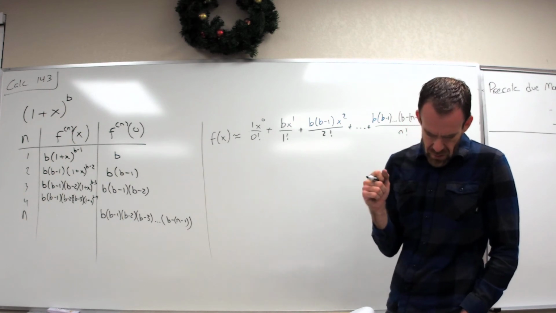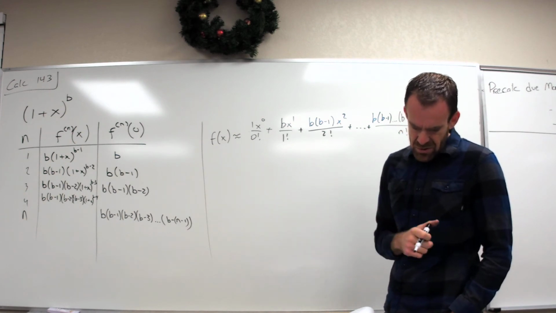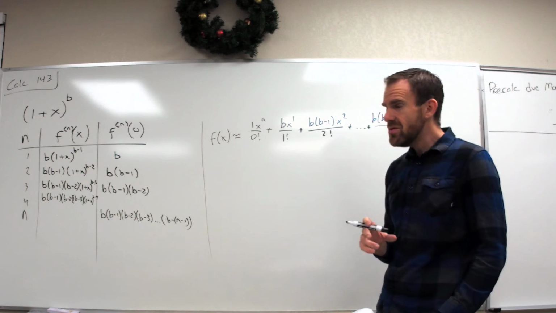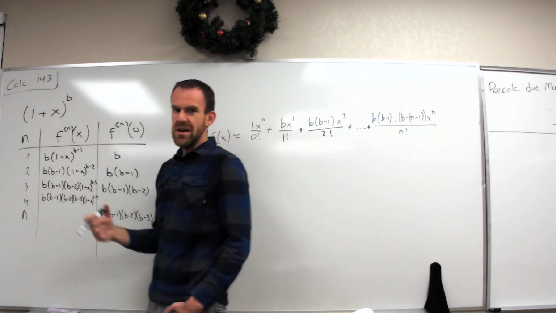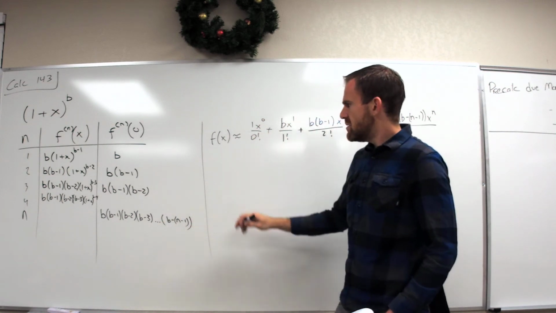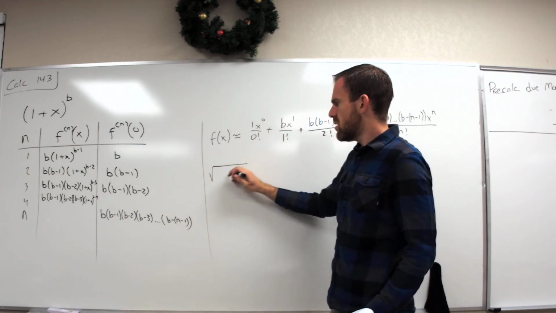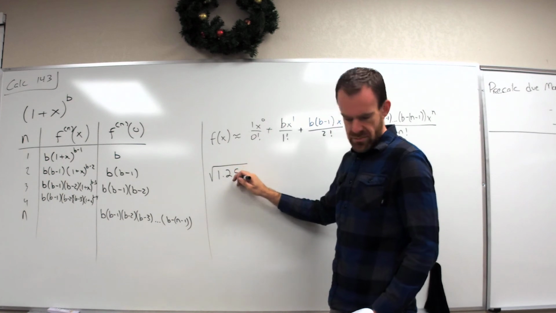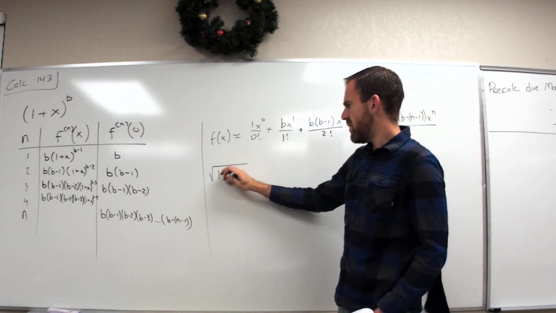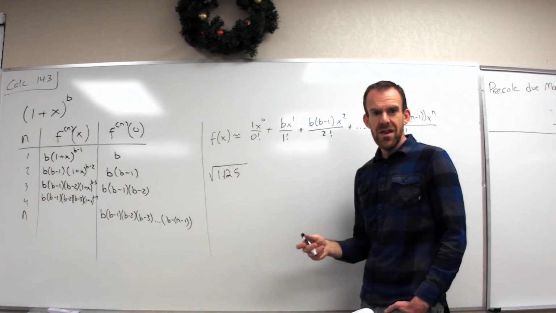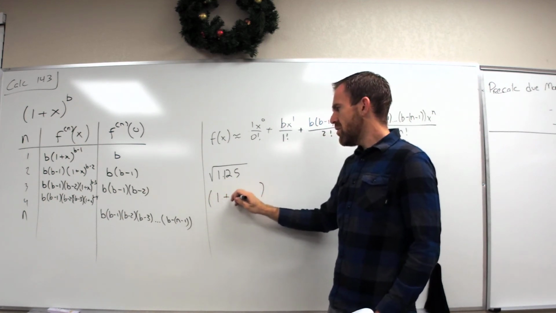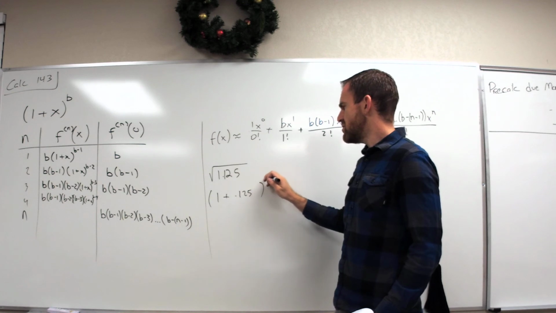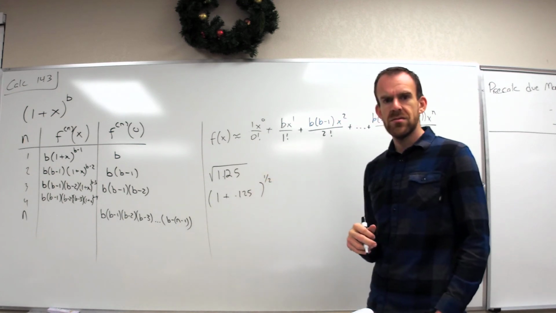Now, what we want to do is use this approximation for 1 plus x to the b to approximate the square root of 1.125. How am I going to do that? Well, 1.125 looks like 1 plus 0.125 to the 1/2 power.